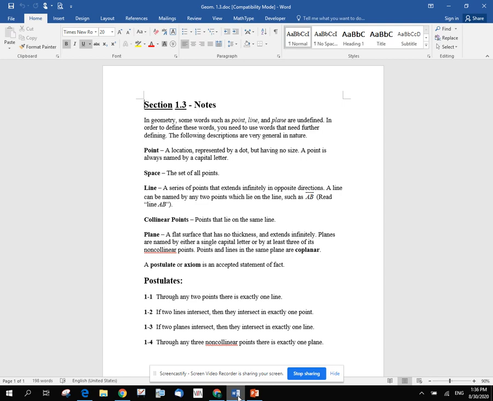Now you may have a working definition of point. Specifically in geometry, it's defined as a location represented by a dot but having no size. A point is always named by a capital letter. So for example, when I'm teaching in class and I put a point on the board, I have to make it, from my perspective, pretty large just so that the students in the back can even see it, right?